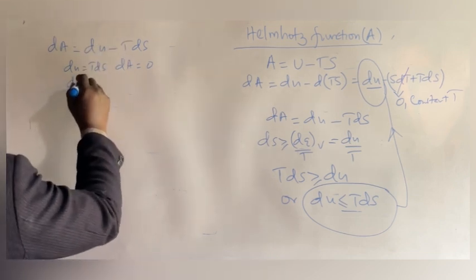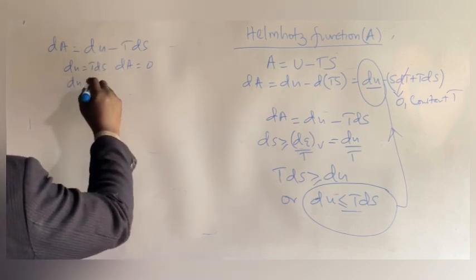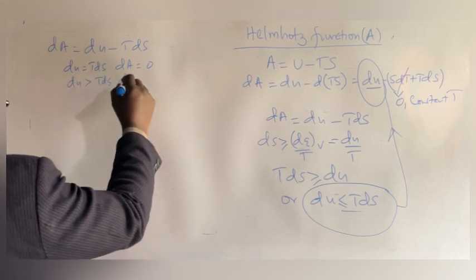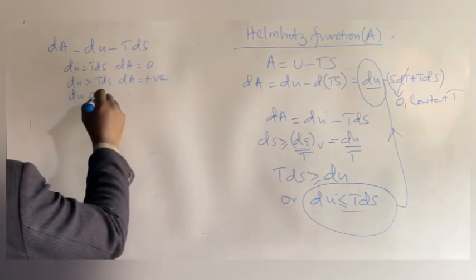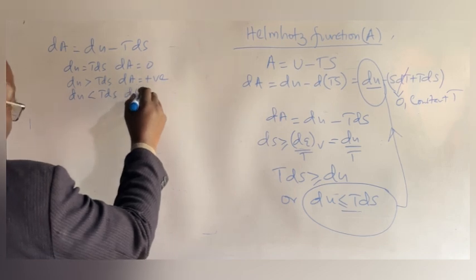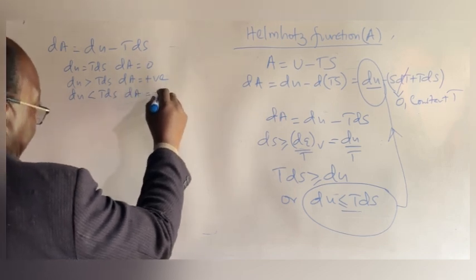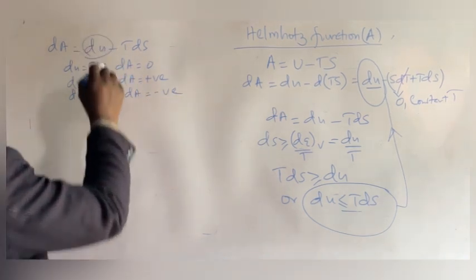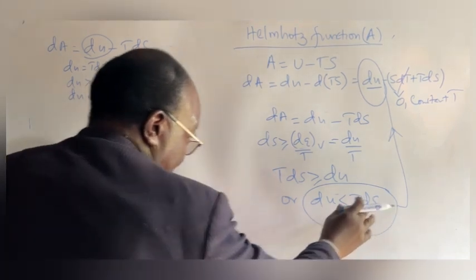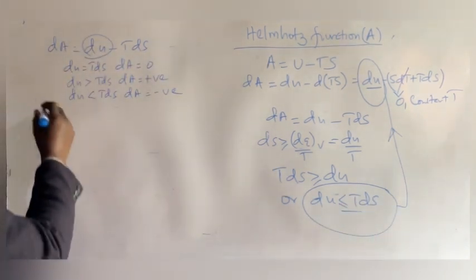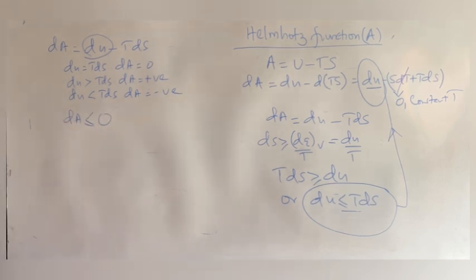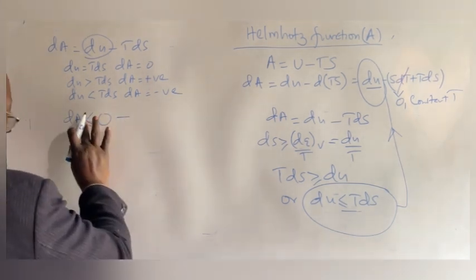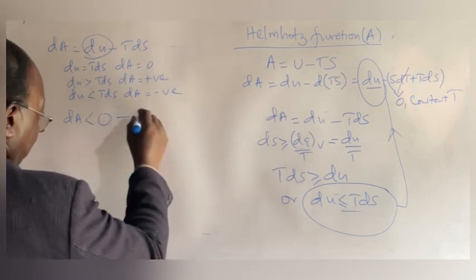If dU is greater than T dS, dA will be positive. And if dU is less than T dS, dA will be negative. So, when dA is less than 0 or equal to 0, this process, where it's less than 0, will be spontaneous.